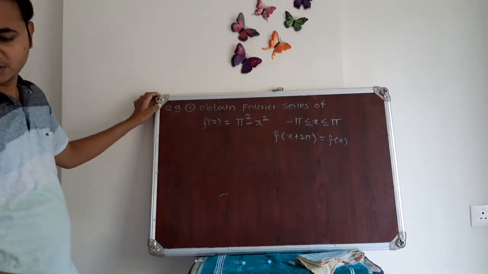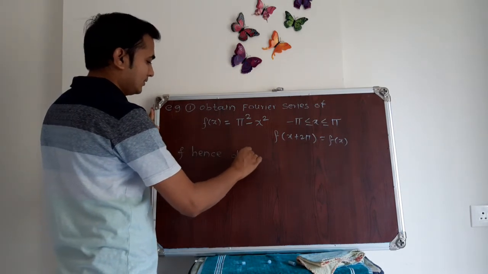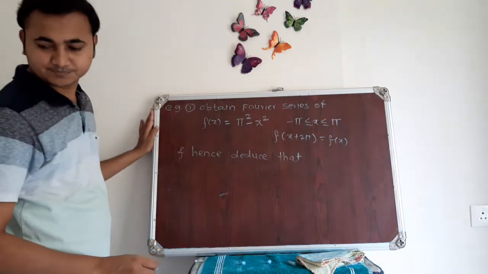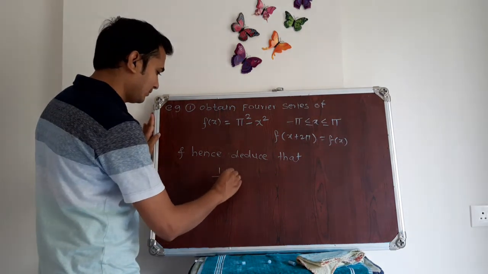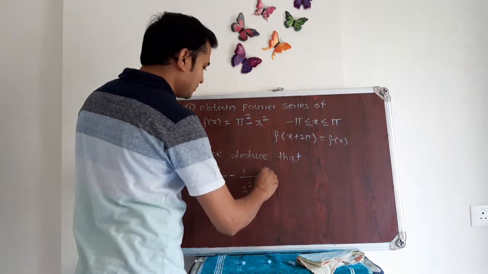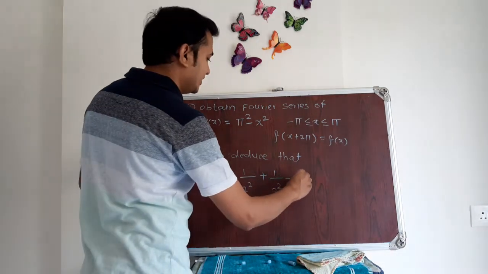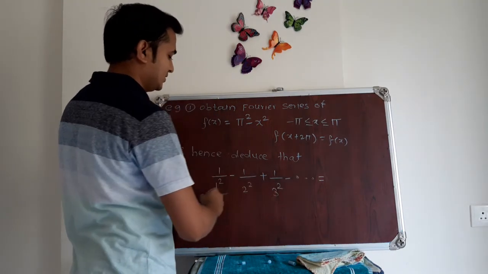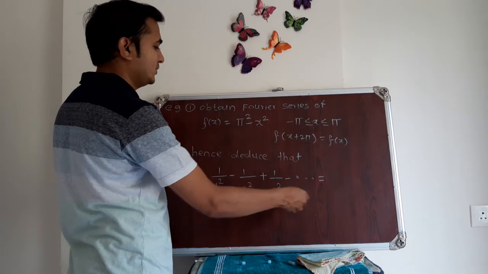And hence deduce that 1 upon 1 square minus 1 upon 2 square plus 1 by 3 square minus 1 by 4 square and so on.